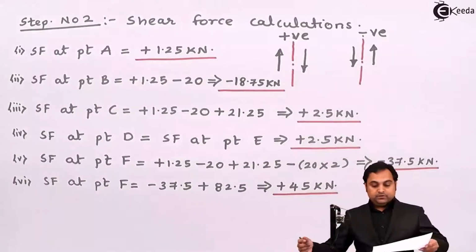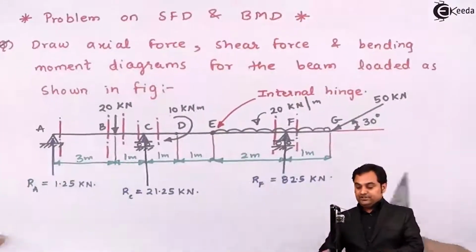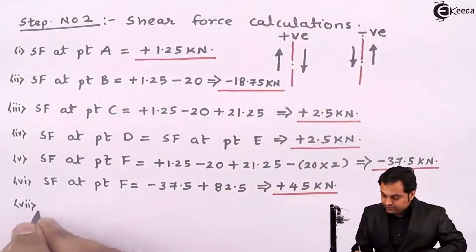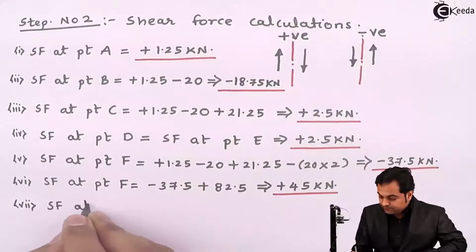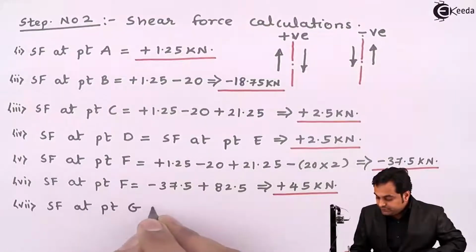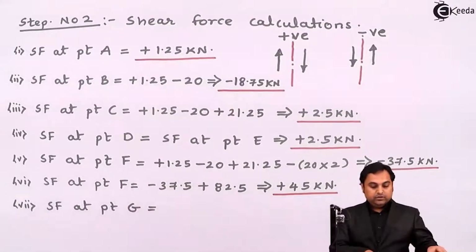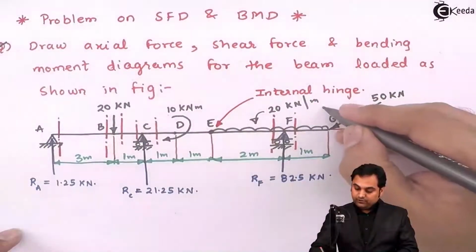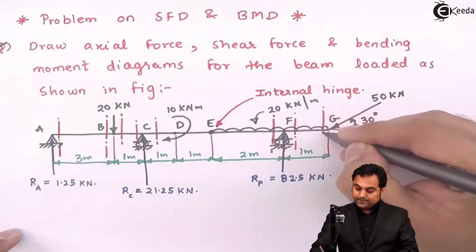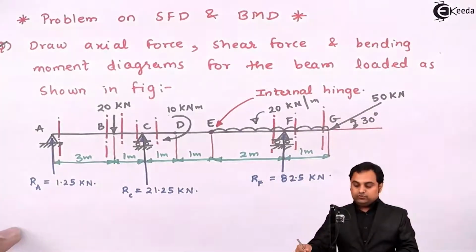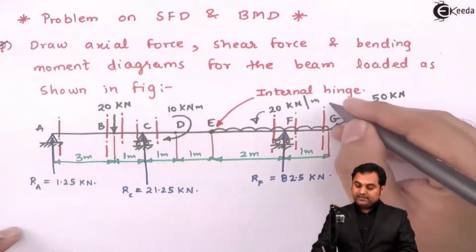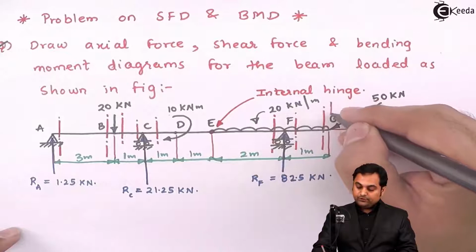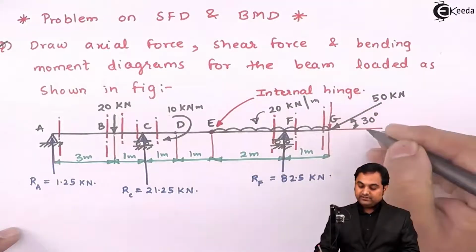Then after that only point G is left, so therefore shear force at point G will be equal to, now I'll take the section very close to point G. So just on the right hand side of G, I'll have a single force, which is the component of 50, which is inclined at 30 degree.